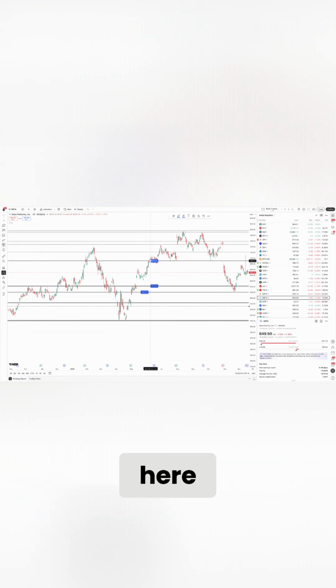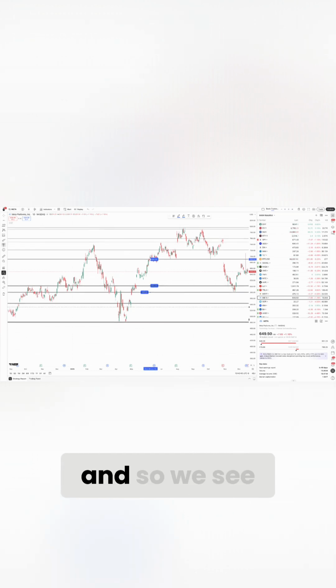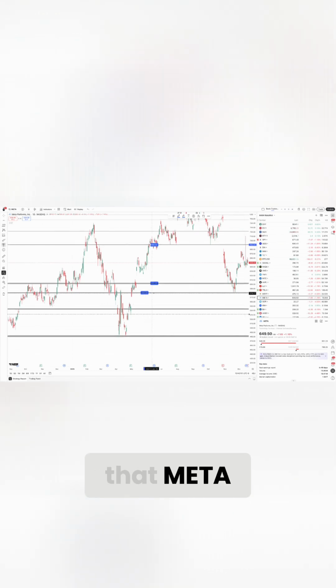We've got levels here. Even though both of these are nice ranges because we're on a daily time frame, we see that Meta, once it breaks and holds above this 580 level, can quickly shoot up to 602, right?